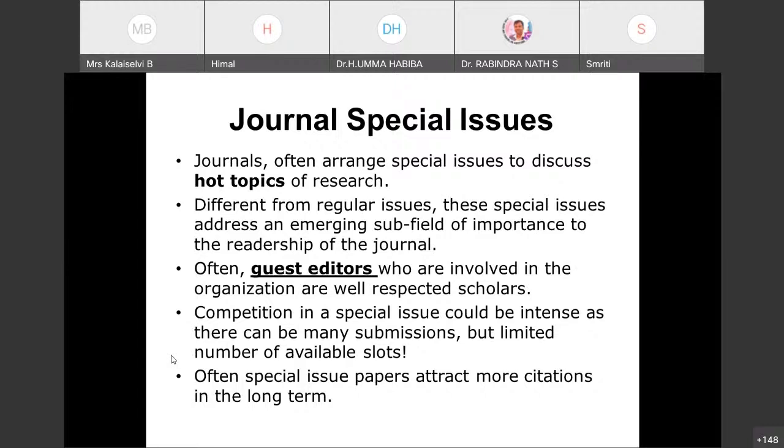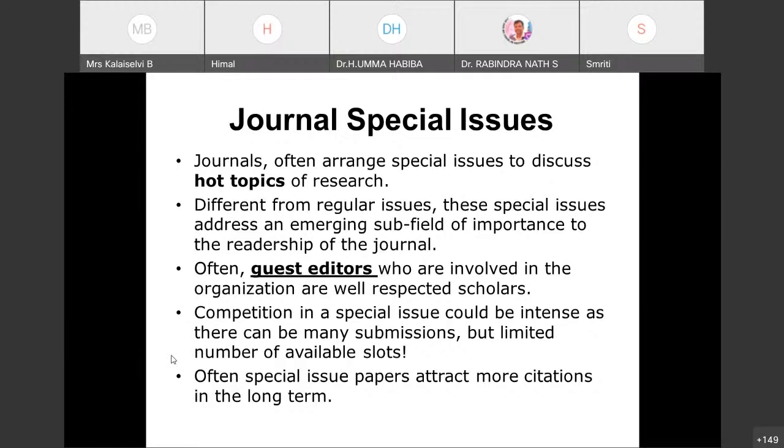Often in my field, in a special issue, in some cases there can be 4 guest editors, in some cases 5, 6, 7 and so on, but not more than 7 most of the time.